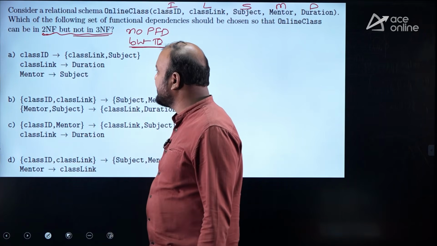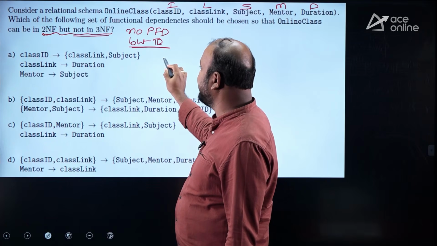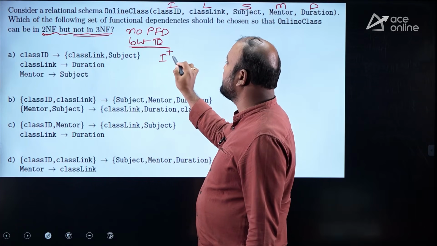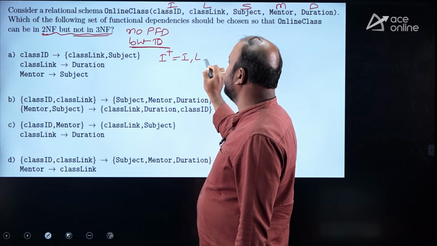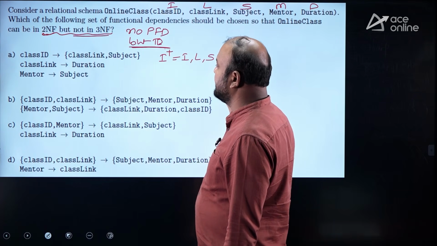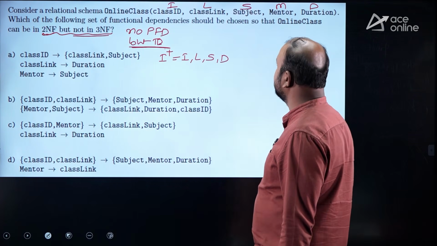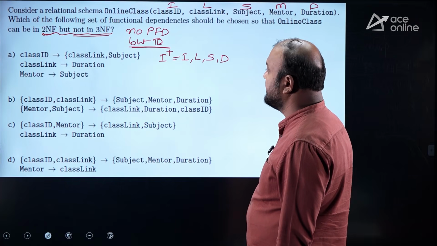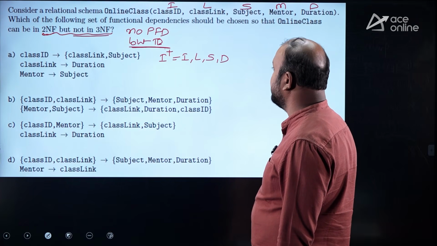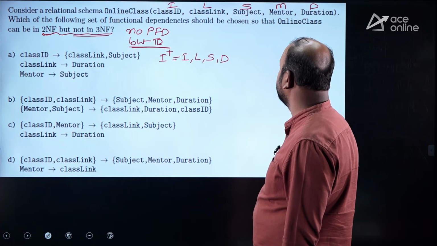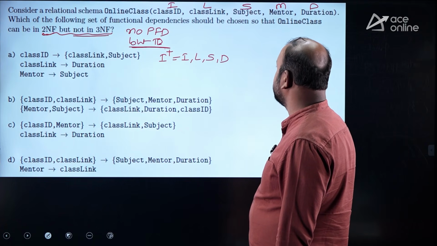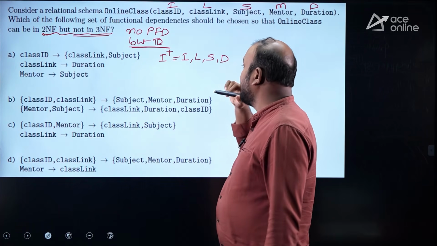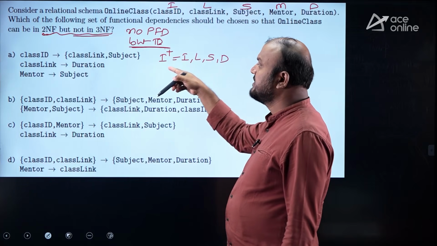In the case of the first one, what is a key? It seems class ID is a key, okay, because when I take the closure of I, I closure will take I, L, S, with L we have D, I, L, S, D. M is not covered. So I is not a key. So, what is M? M is an independent attribute.